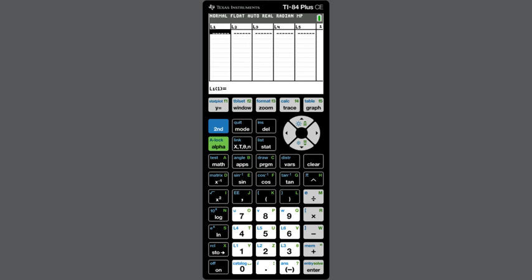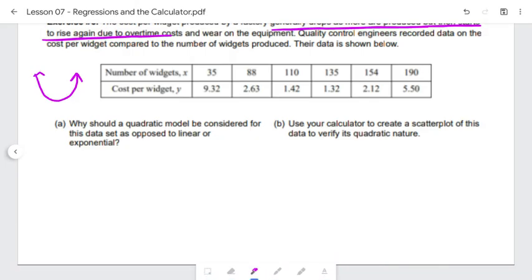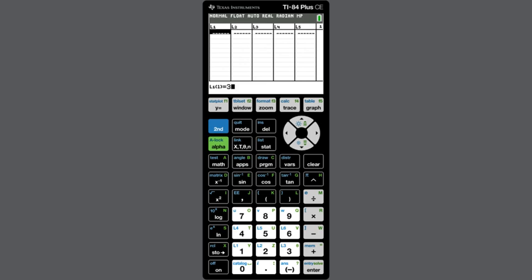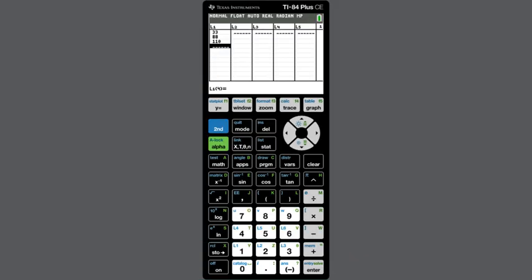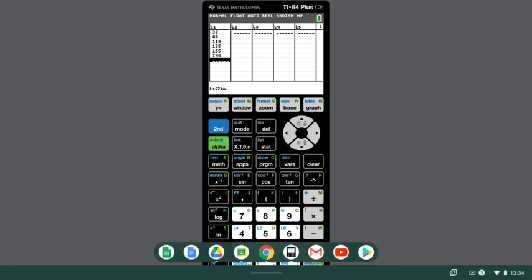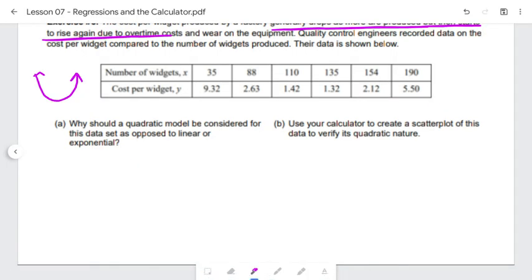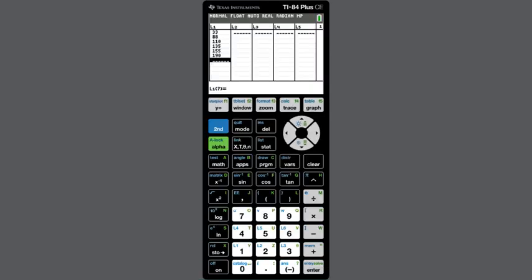Up arrow, clear, then down. 33, 88, 110, 135, 154, 190. Oh wait, I changed that one to 154. Sorry about that, that's 154, not 155.